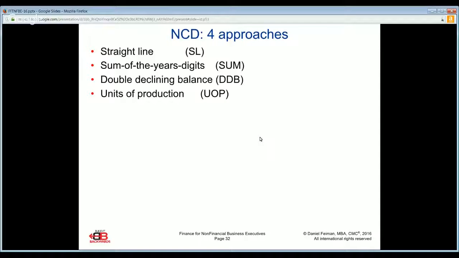Second most common method is what's called sum of the year's digits. Now, this gets just a little more mathematical. This is where we look at an asset. We'll go back to our example where we have $150,000 invested in the asset. It has a 15-year useful life.